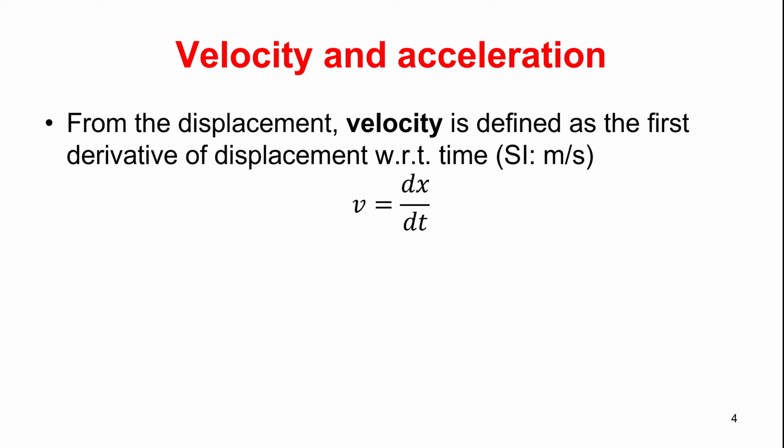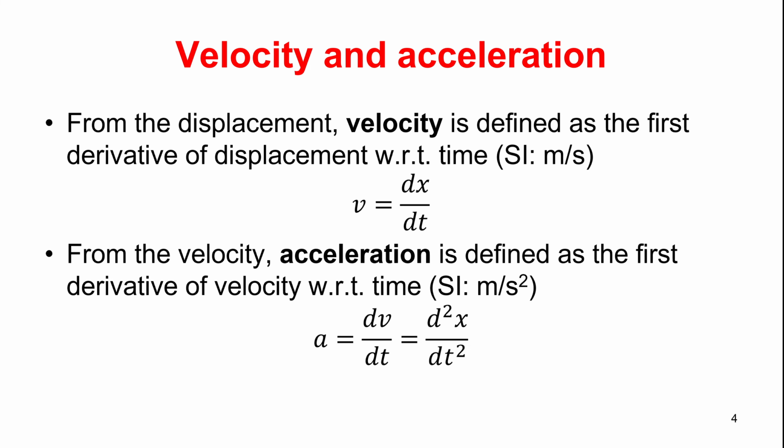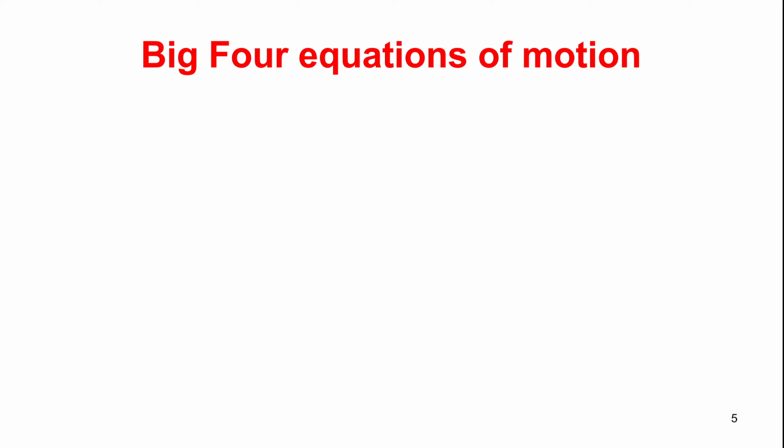Velocity is defined as the derivative of the displacement with respect to time, and acceleration is defined as the derivative of velocity with respect to time, which means that it is the second derivative of displacement with respect to time squared. Using these, we can get to the big four equations of linear motion.